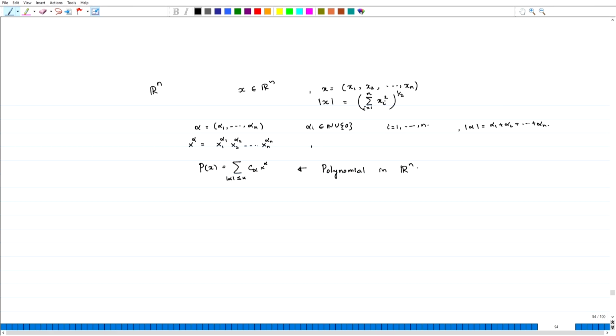And then we would like to denote the derivative. So, the multi-index D alpha is the operator del alpha 1 by del x1 alpha 1 up to del alpha n divided by del xn alpha n.